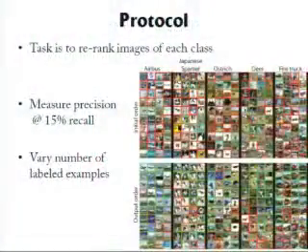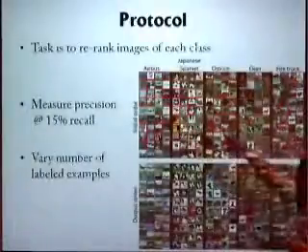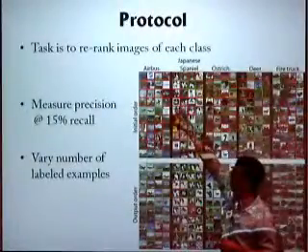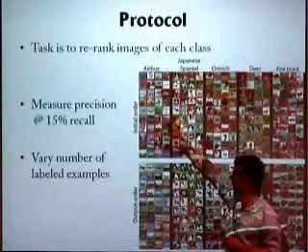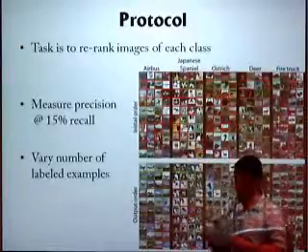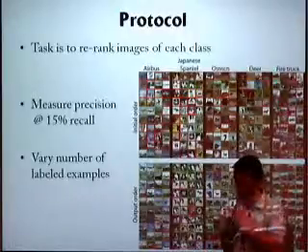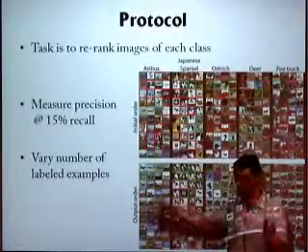Okay, so the task we're going to do is to re-rank the images of each class. The idea is you're given some set of images, say for the word Airbus, maybe several thousand of them. They've been labeled, so you know which ones are labeled or not. The goal is to re-rank them, but you're going to give the algorithm all the 63,000 images to compute the eigenfunctions of.